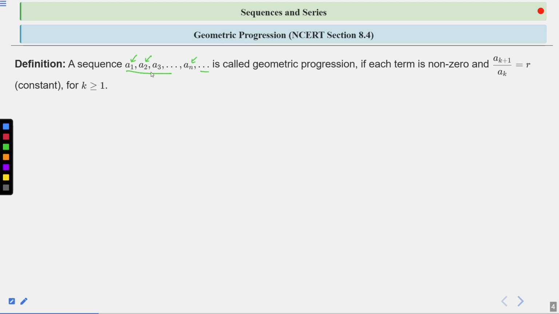Now if you are having a sequence like this, it is said to be a geometric progression if each term is non-zero.